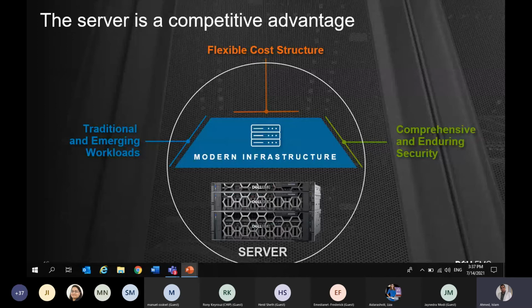You have a very big multitude of workloads that are a mix of IT and digital transformation tasks. So it has to reliably manage a diverse set of traditional and emerging workloads.